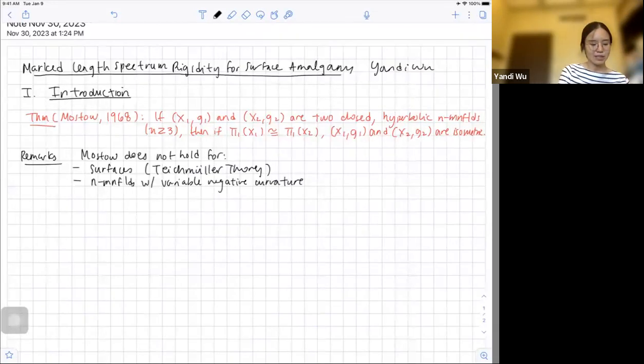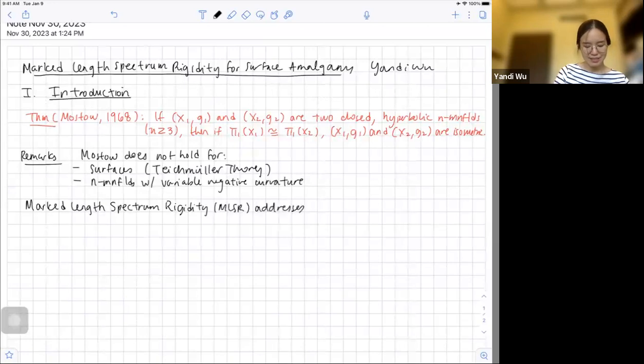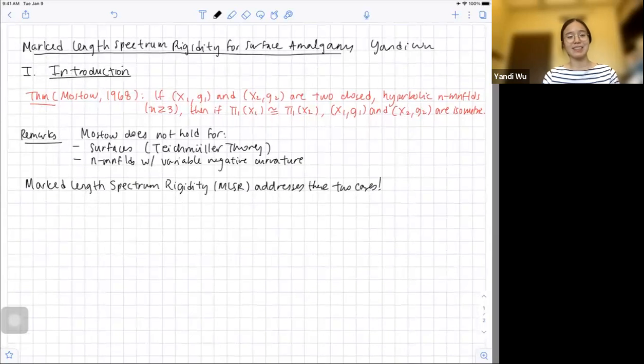So marked length spectrum rigidity, which I'm going to abbreviate as MLSR, addresses these two cases. It's a different form of rigidity that you might hope would work for these exceptions to Mostow rigidity. That's what I think is a good motivation for marked length spectrum rigidity.